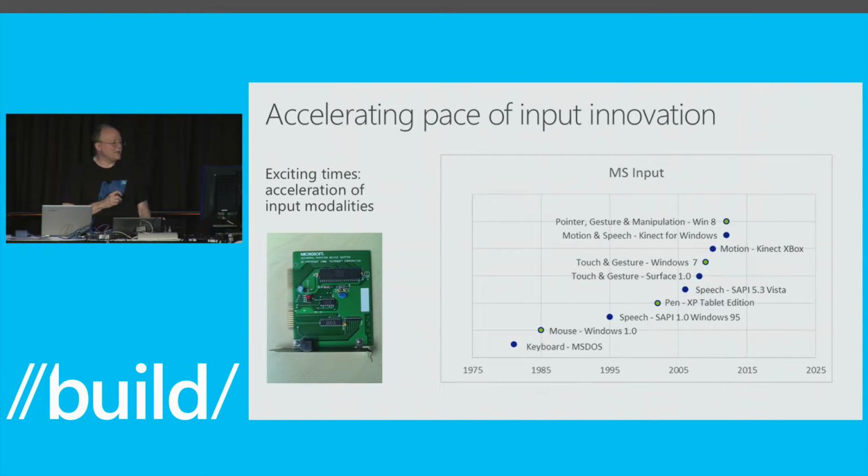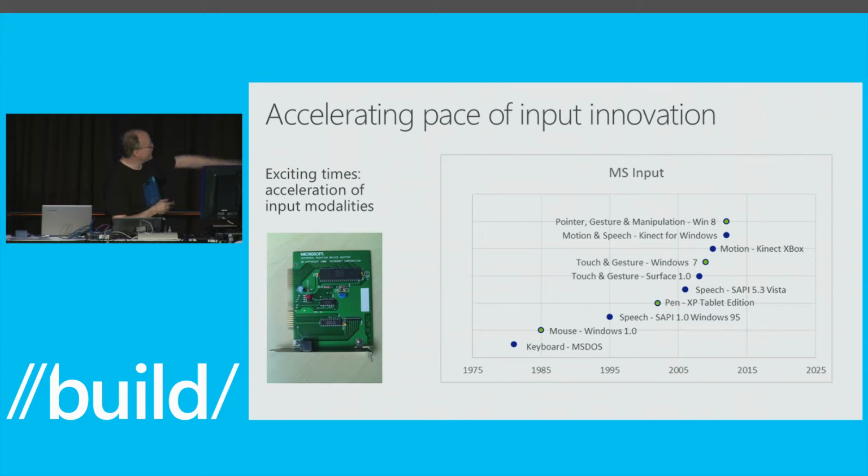For fun, I went all the way back to the beginning. The keyboard was supported as part of the IBM PC long before Windows even existed. MS-DOS used it. People may not remember that when Microsoft introduced Windows 1.0, a lot of machines did not have mouse hardware. There was no hardware mouse.